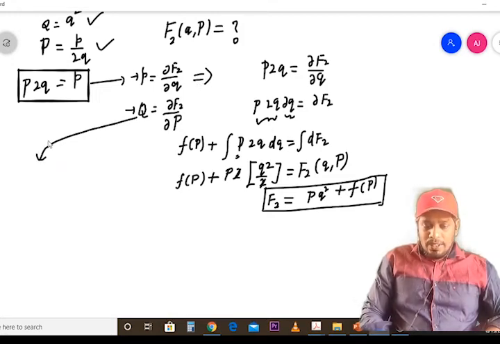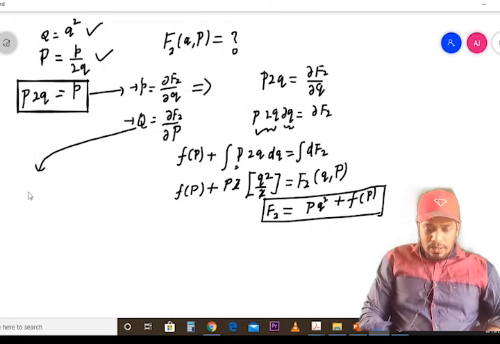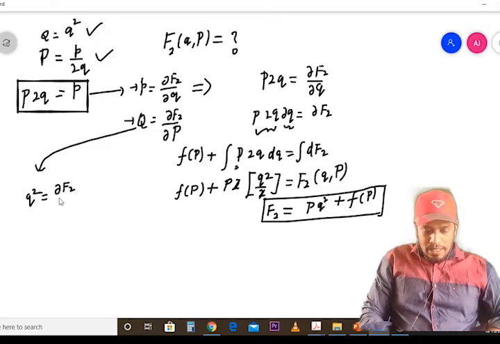The capital Q is given, it is equal to q². So the left hand side, the capital Q, we can write as q², that is equal to the right hand side of this equation, ∂F2/∂q.